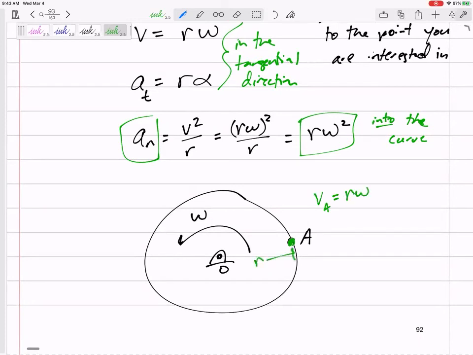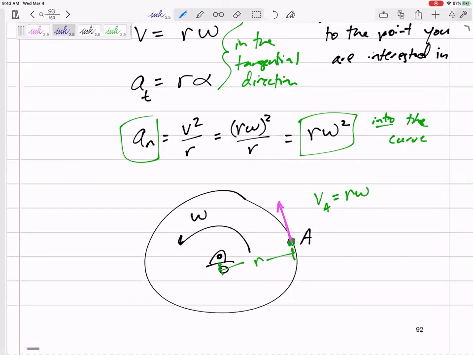This is R, the distance that A is away from the center. What would its direction be? We said in the tangential direction. So this might be at an angle. We might have to figure out the direction of that VA.